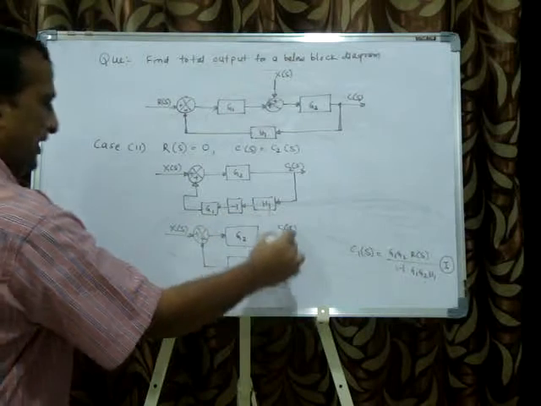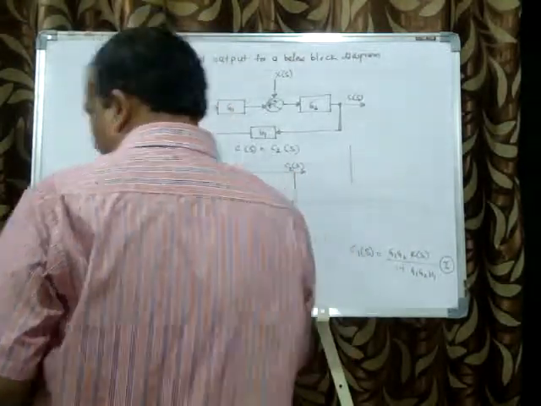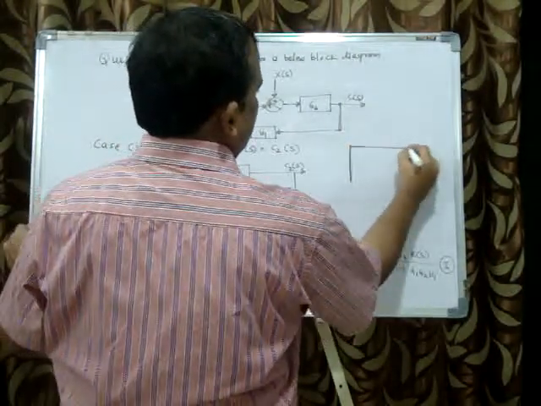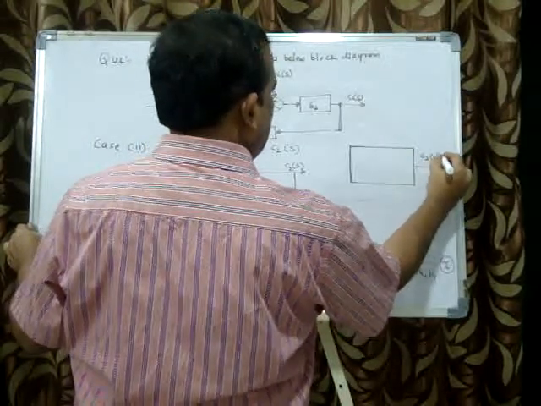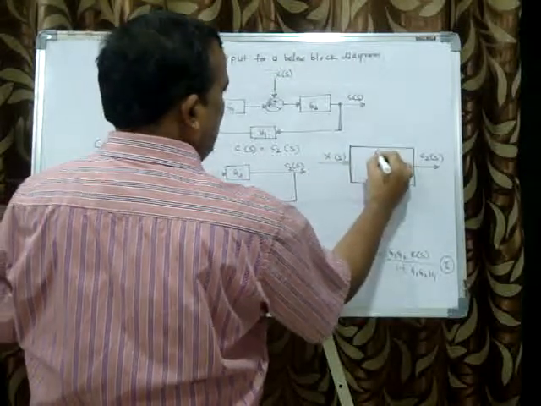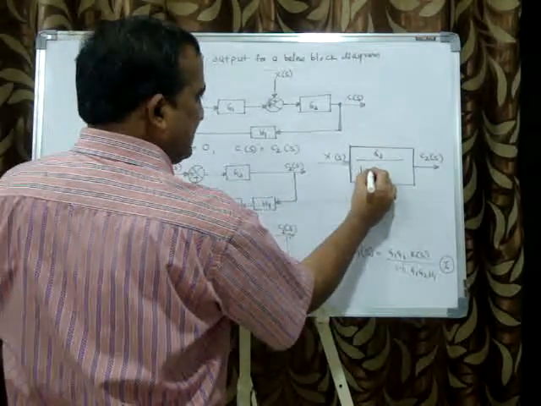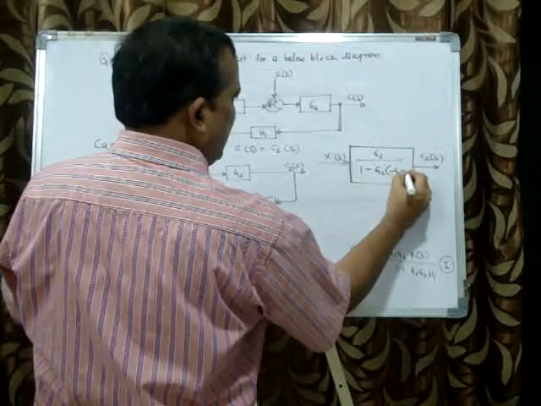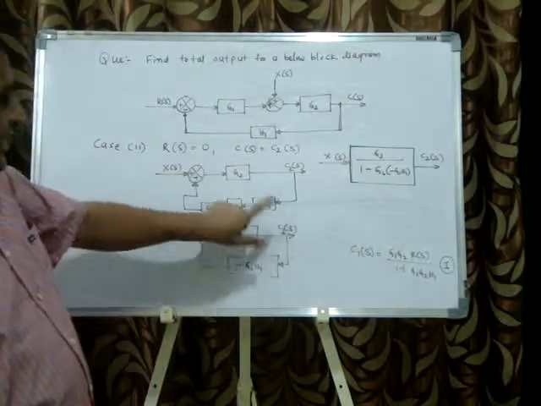Now it is a minor feedback loop, so for a minor feedback loop, this is C2 of s, this is X of s. So here G2 divided by 1, here plus is there, so I'll consider minus, and Z2 into minus Z1 H1. You have to remember here plus is there, so I consider minus and the remaining term.